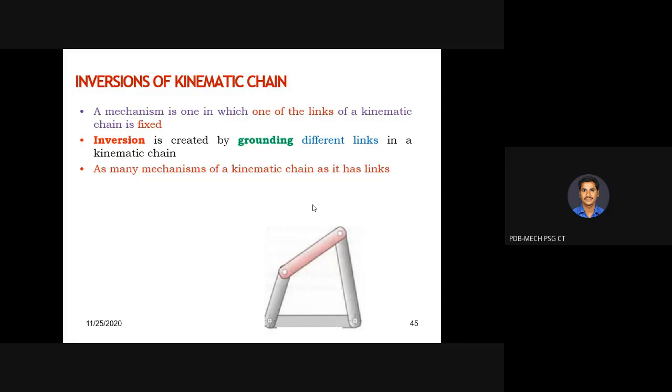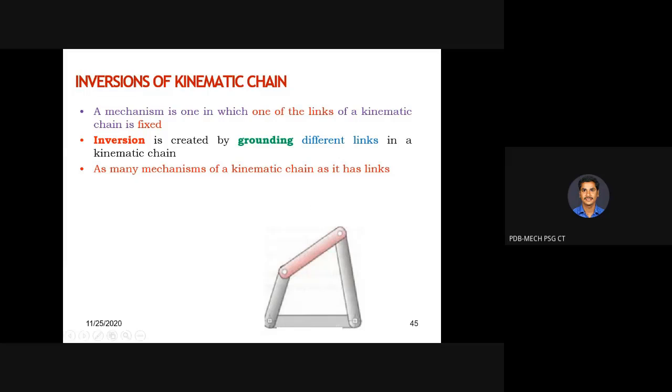We are going to change the fixity conditions of the different links, and look at what the other links are going to make, whether it is a complete revolution, or a partial revolution like rocking, or a sliding motion. Those are all dealt with in the inversions of the kinematic chain.